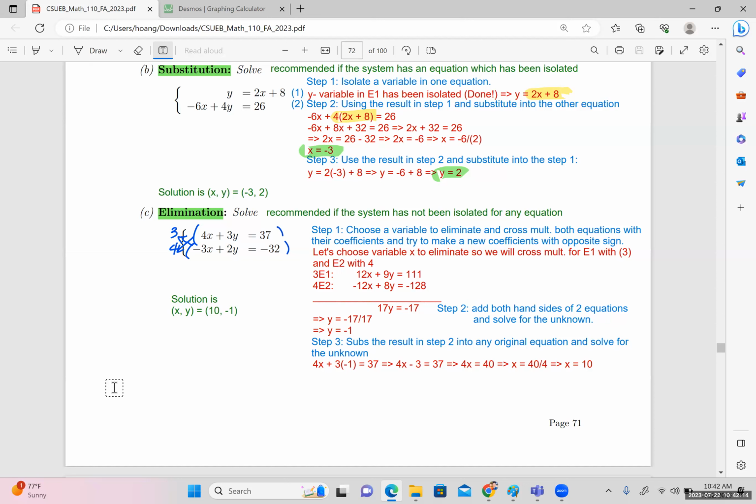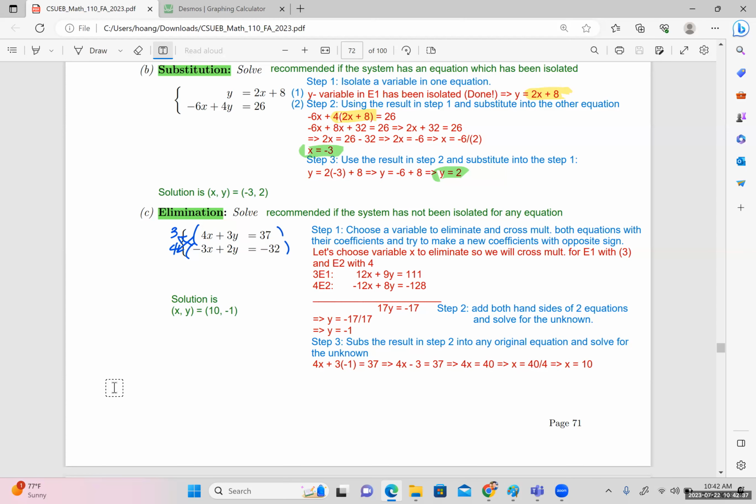You have like 3 and 2, right? So you can multiply 2 for the first one and 3 for the second one, and then try to make it also on opposite signs. So one of them will be negative. So after that, add them together. So that should be it. Okay.